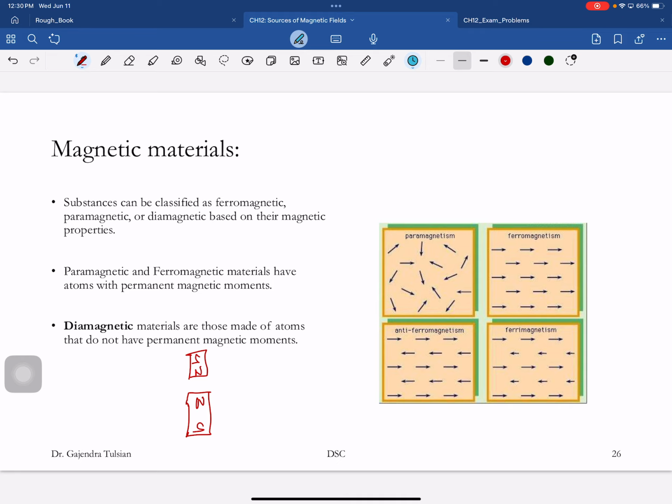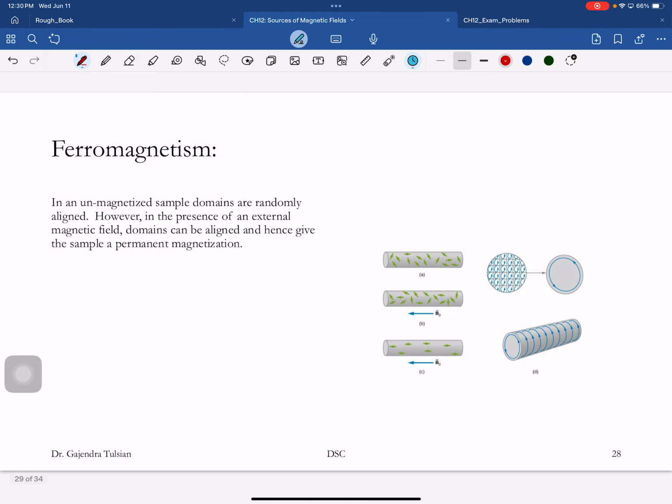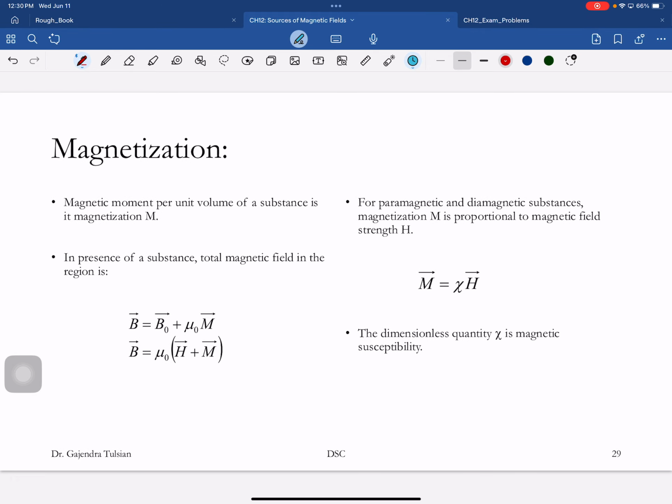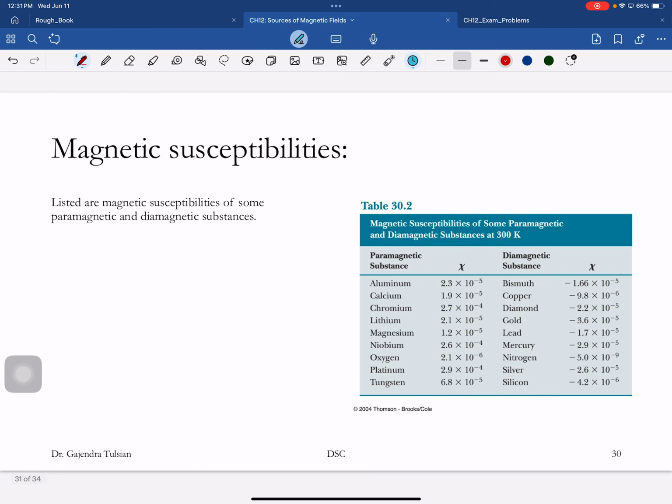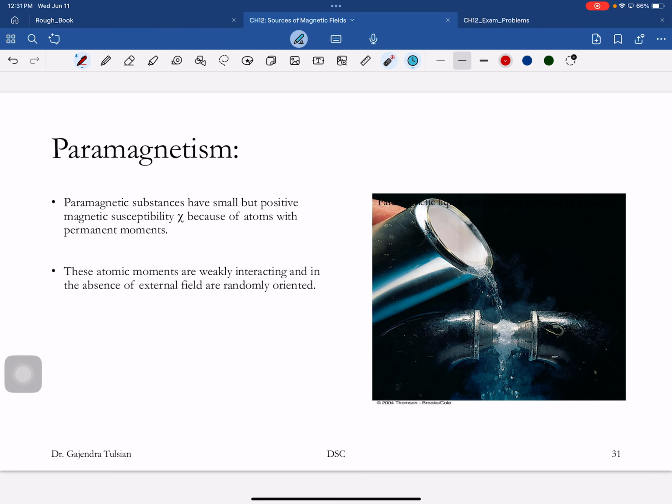So that's what happens for diamagnetic materials. We'll come back to this in a second. Paramagnetic substances have small positive magnetic susceptibility.